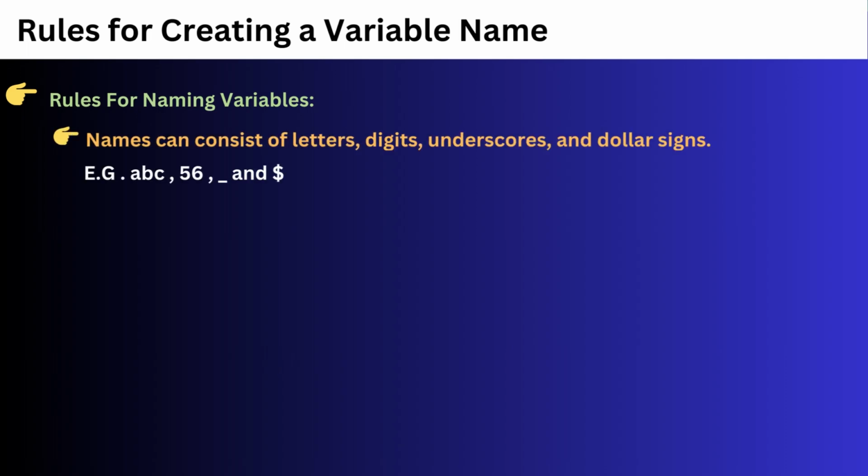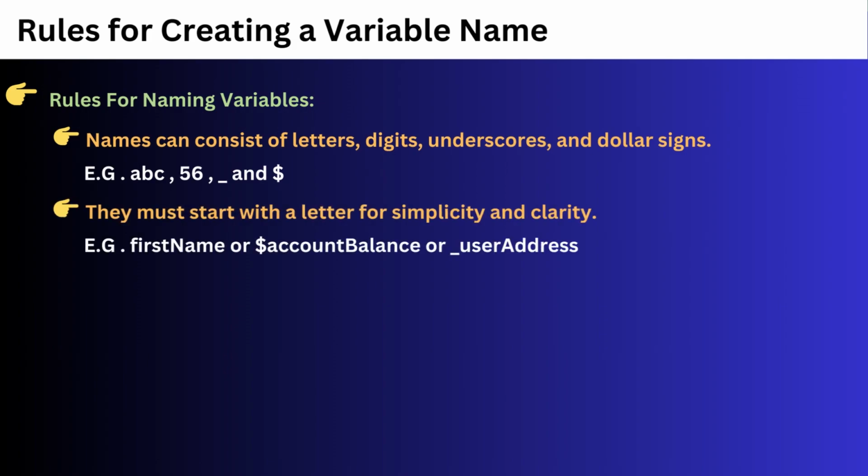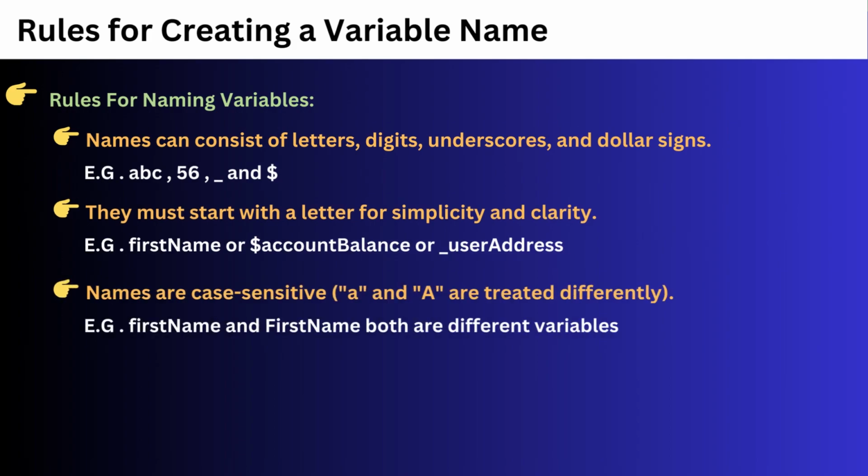It's important to remember that names can consist of letters, digits, underscore, and dollar sign. However, they must always begin with a letter, for simplicity and clarity. It is important to note that names in programming are case sensitive, meaning that small a and capital A will be treated as different variables.